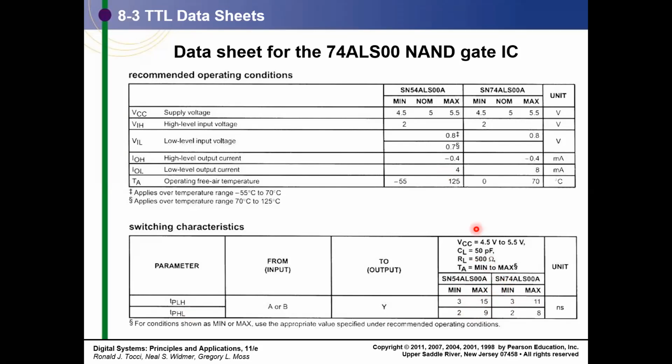All other conditions taken are the same. The maximum time taken could be 15 here, and it is 11 here. Temperature conditions are already given because here the temperature variation is wide. At some temperatures, it might take a larger time to propagate. That is why it is higher.